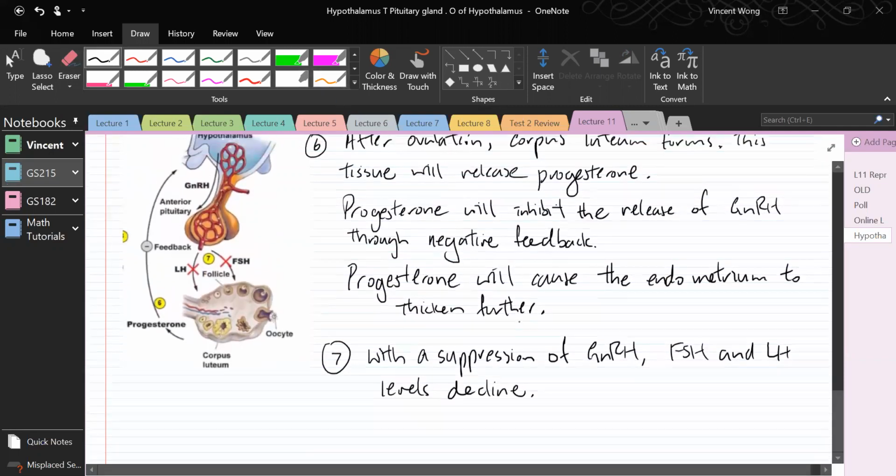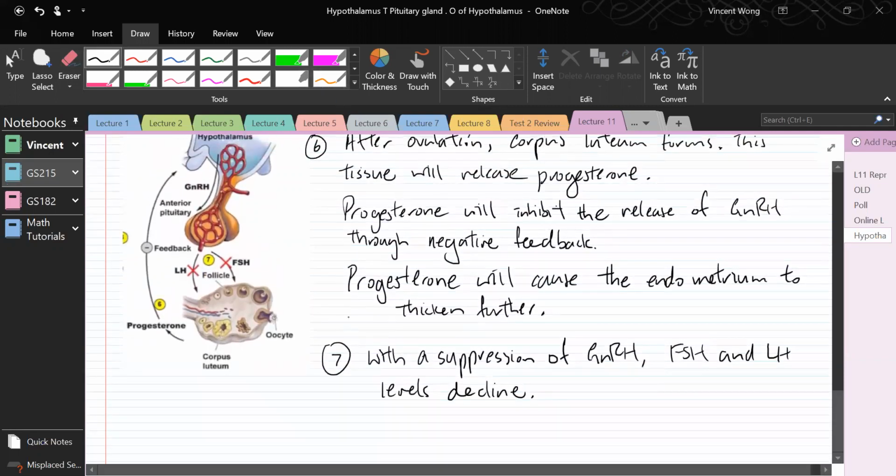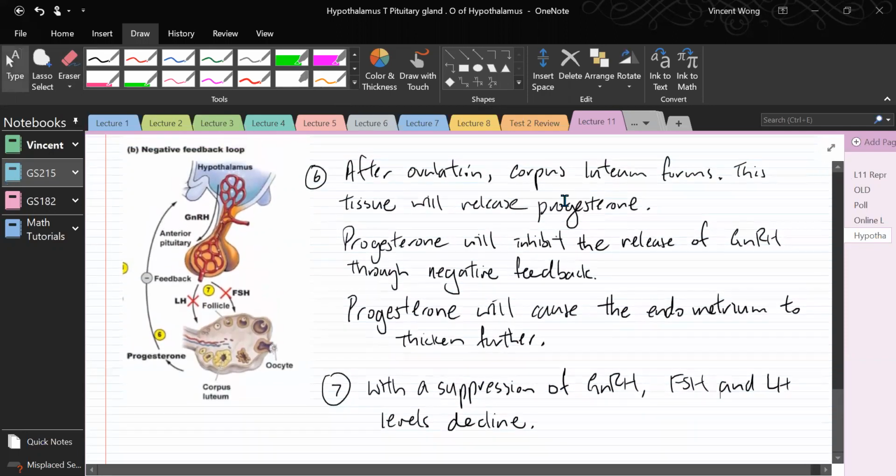So what happens next? Well, if pregnancy does not occur, then the corpus luteum will break down. If the pregnancy does not occur, then the corpus luteum will break down. Now, what happens if the corpus luteum breaks down? Without the corpus luteum, then progesterone level will decline, right?